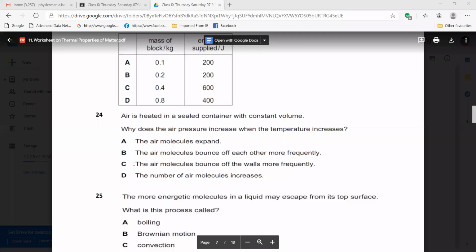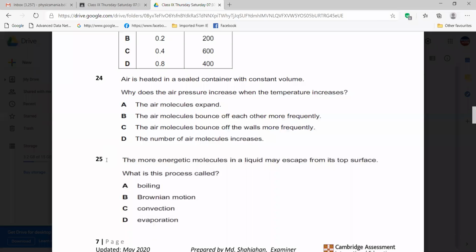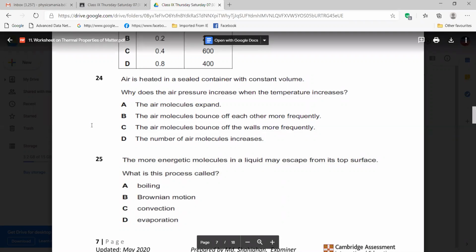Yeah, but you don't see evaporation on the screen. It's in D. So the more energetic molecules in a liquid may escape from its top surface. It's related to evaporation, right? Yes, sir. It's very simple. So why couldn't you answer it?